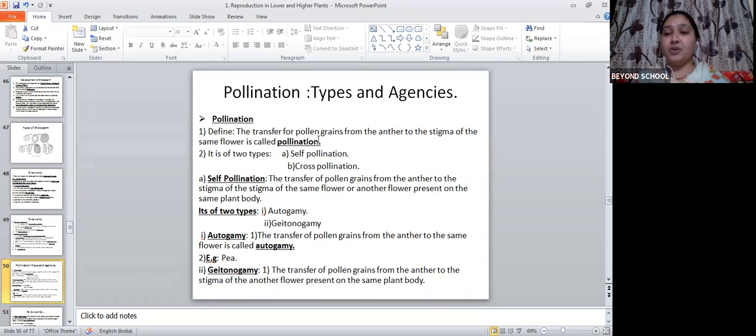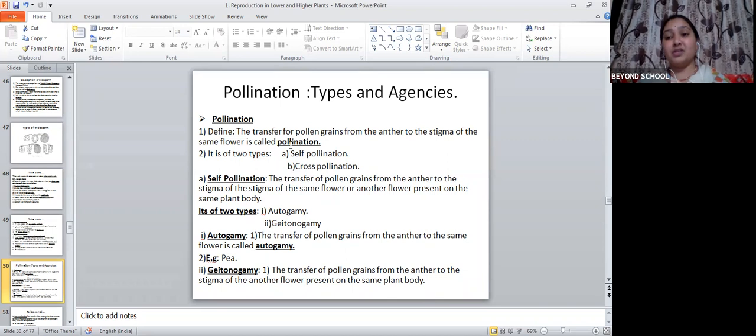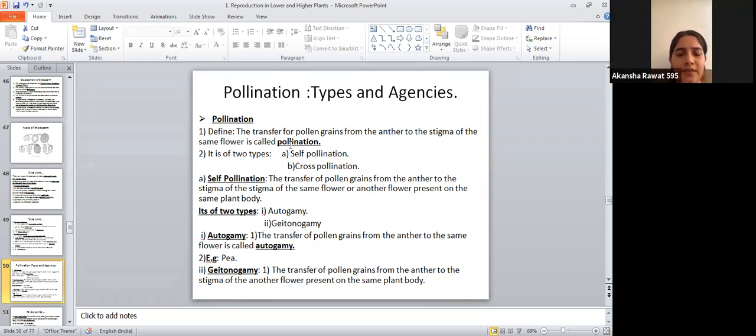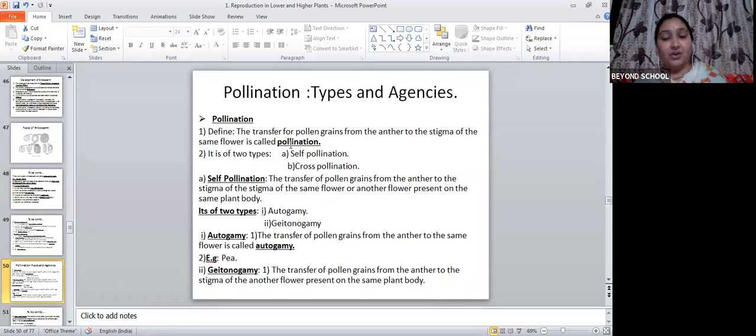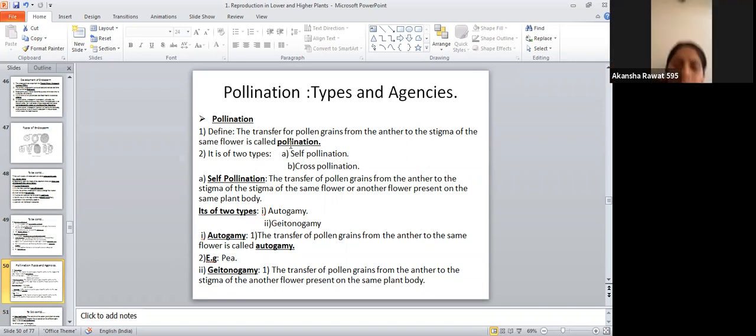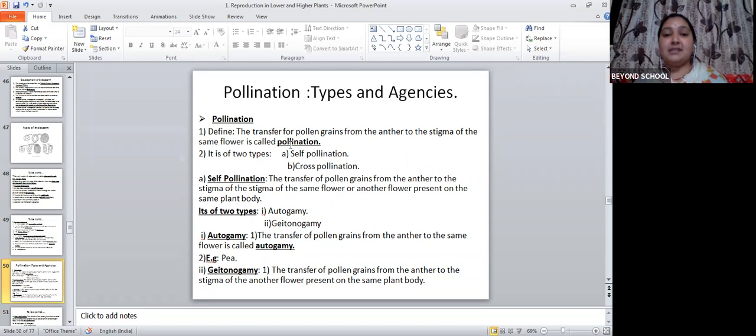Transfer of pollen grains from anther to stigma of the same flower is called pollination. Again I'm repeating: when the pollen grain is transferred from anther to stigma of the same flower, meaning of the same plant, it is called pollination.